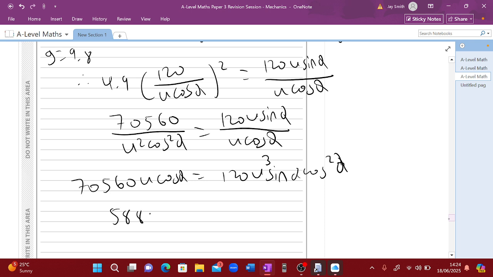Then I'm going to divide by u. I'm allowed to divide by u because I'm saying u cannot be zero, and obviously u can't be zero because it has to have speed. So 588 cos alpha is going to equal u squared sine alpha cos squared alpha.